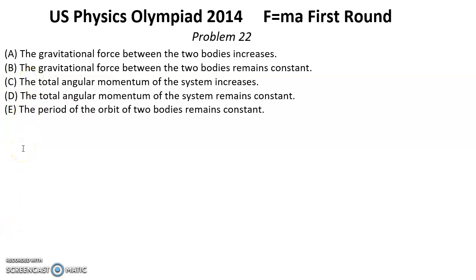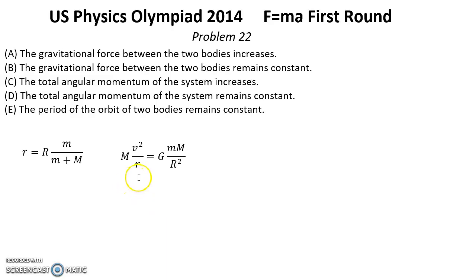The total angular momentum of the system increases. First, we have to count where the center of mass of this system is, around which both bodies go in circular orbits. So, the radius of the big body will be this one. And now we can count the speed of this body.